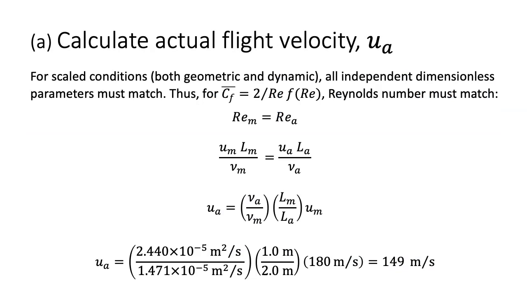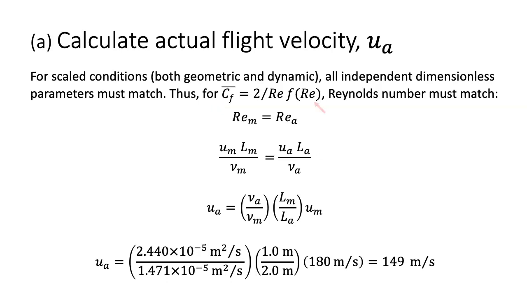For Part A, to calculate the actual flight velocity, we note that for scaled geometric and dynamic conditions, all the independent dimensionless parameters must match. For the flight of an airfoil, the relevant dependent parameter is the drag coefficient, which is the dimensionless drag force.